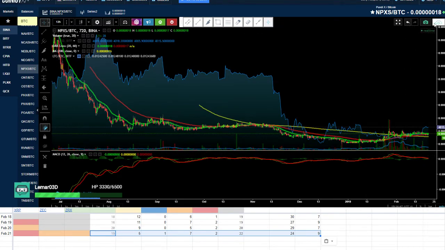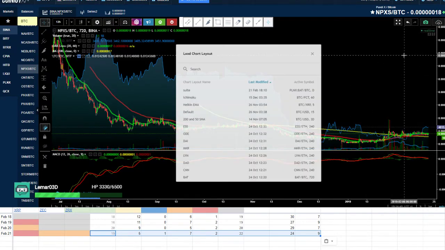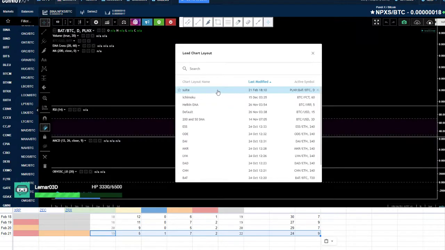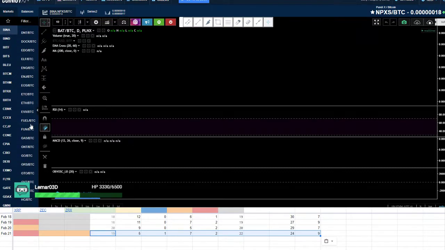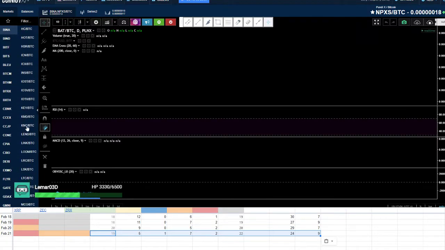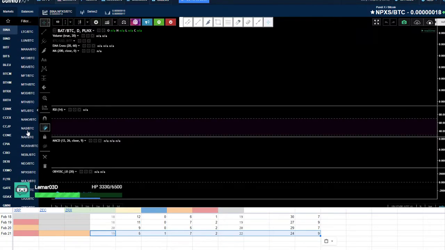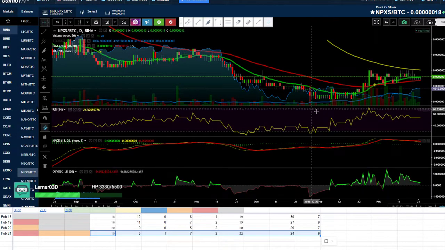I've got to load up my suite of indicators, which will automatically kick me out to a different chart. Oh, is it failing? NPXS. Good, it worked. Look at this.